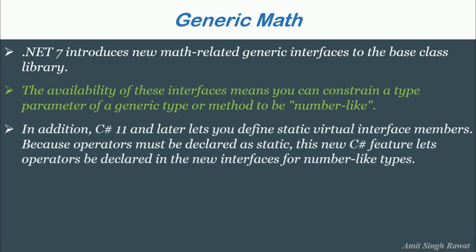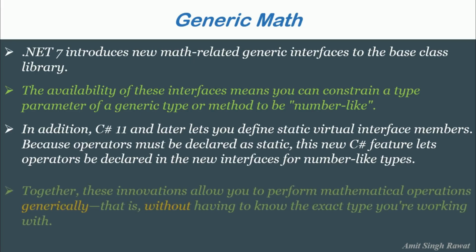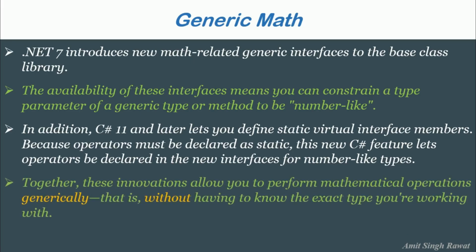In addition, C# 11 and later lets you define static virtual interface members. Because operators must be declared as static, this new C# feature allows operators to be declared in new interfaces for number-like types. Together, these innovations allow you to perform mathematical operations generically, that is, without having to know the exact type you are working with.